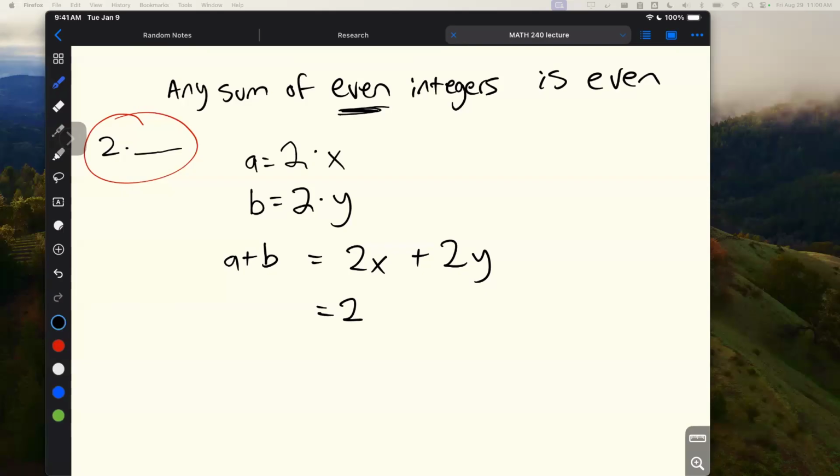So by the distributive law, that's property 4, we get 2 times x plus y. Are we done? Did we get this answer, a plus b, in a form that looks like 2 times something? Yeah, there's the 2, there's the something. We did it.